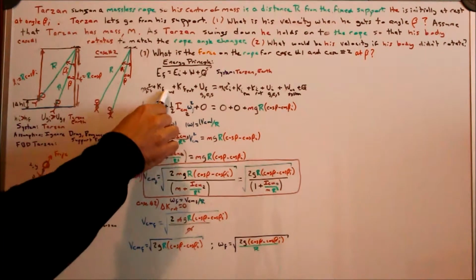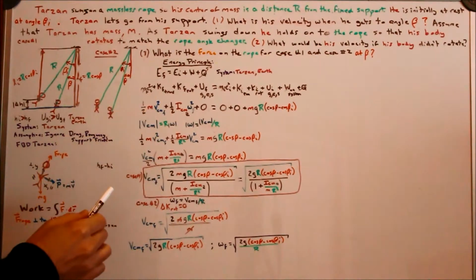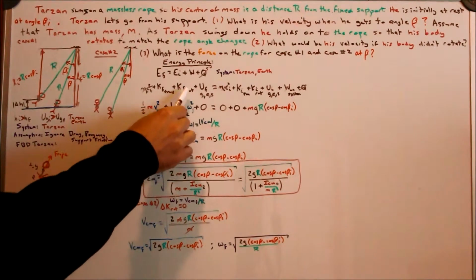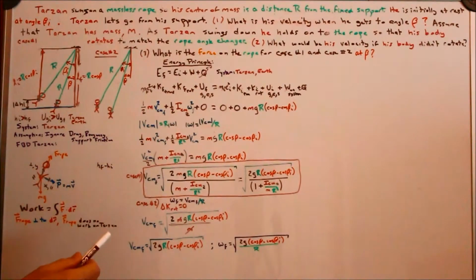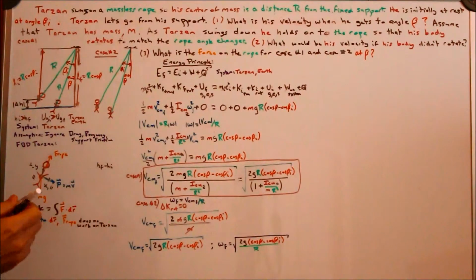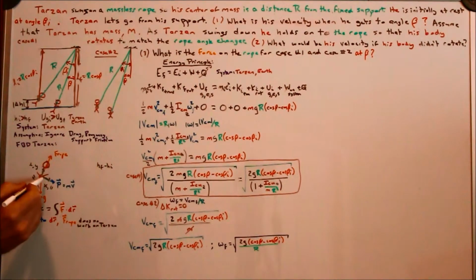So now putting in terms, in the final state, kinetic energy is 1/2 m v center of mass squared final. Rotational kinetic energy is 1/2 I around the center of mass, and here he's rotating in this outward direction. Picking a coordinate system is important.